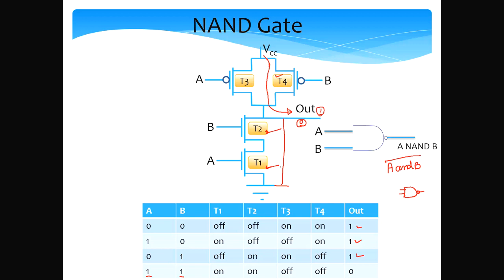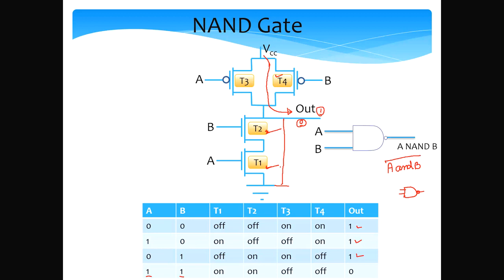So this is the operation of the NAND gate, which is very different from that of the OR gate. I'm sorry, the NOR gate. But the important take home point is that in the previous case, we connected the NMOS transistors in parallel and the PMOS in series. And for this case, we are connecting the NMOS transistors in series and the PMOS in parallel. How do we analyze such circuits?